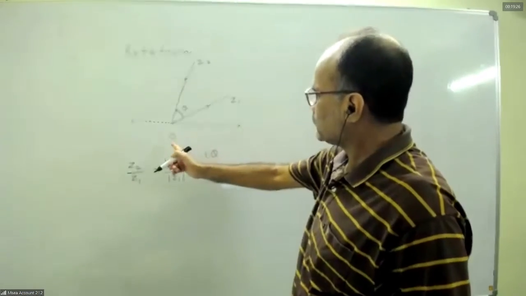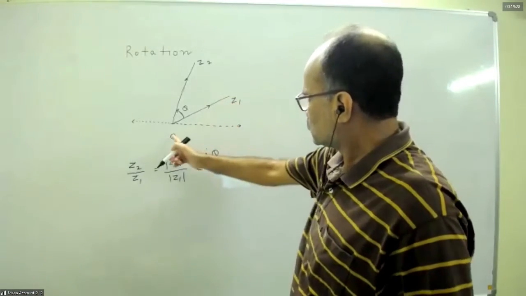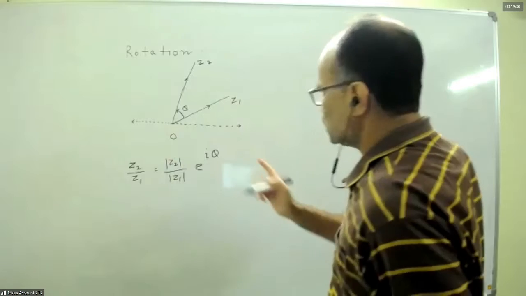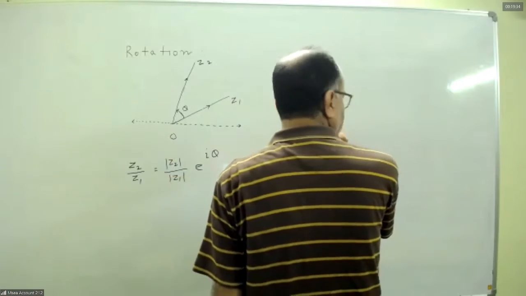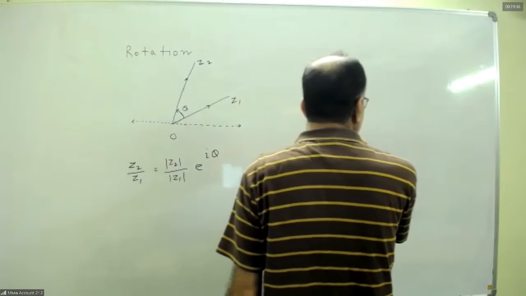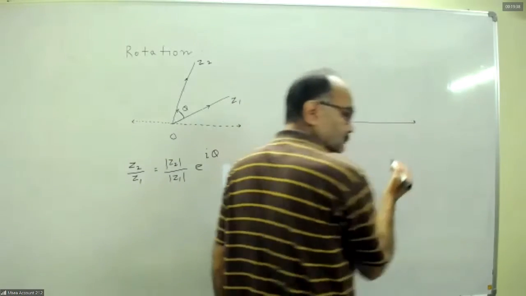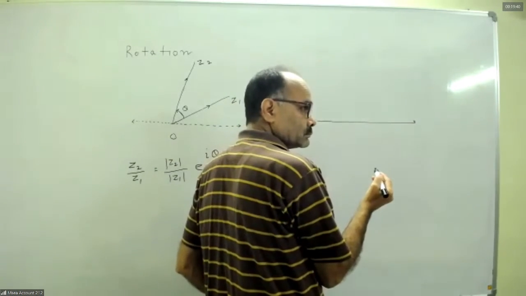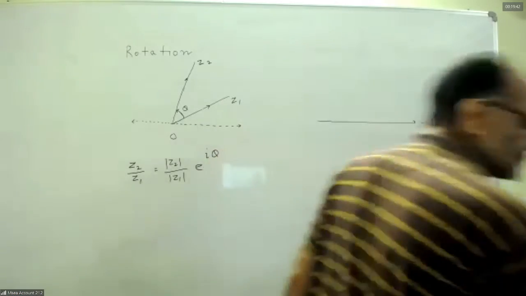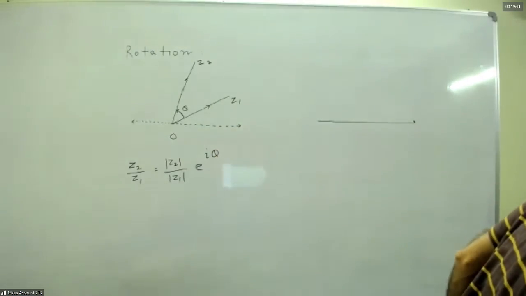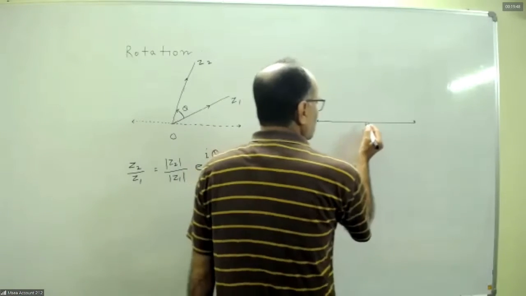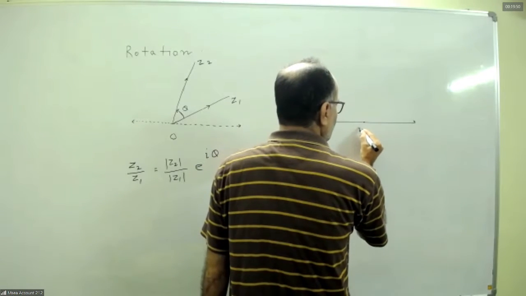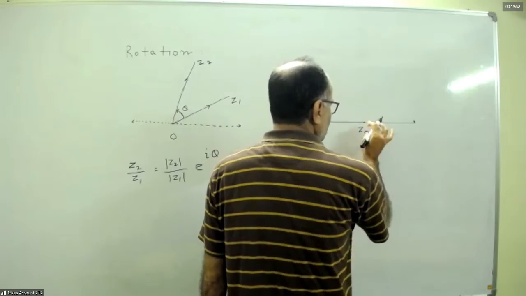Suppose we rotate about Z0, then how can we establish this result? Suppose this is Z0.